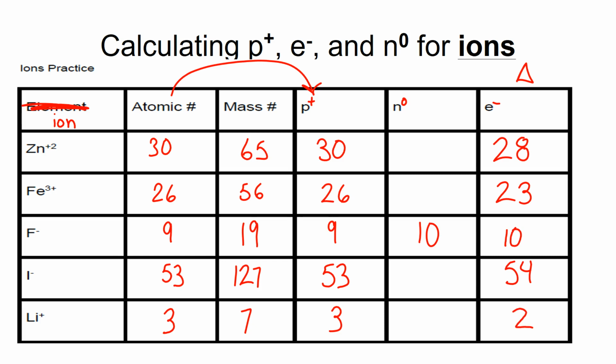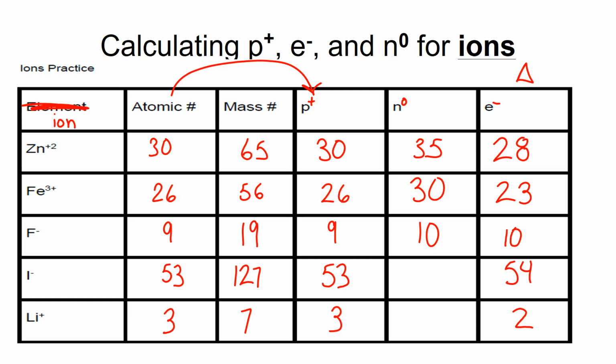So notice, whenever the number is positive, I have more protons than I have electrons. Whenever the number is negative, I have more electrons than protons. All right. Now, going through here, 65 minus 30 gives me 35. 56 minus 26 is 30. 19 minus 9, we already did, 10. 127 minus 53.